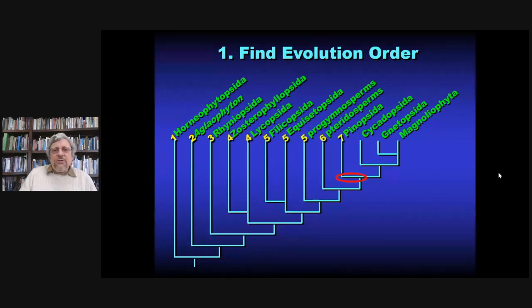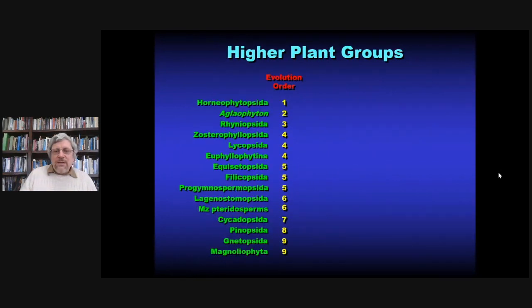Going up the sequence, we can determine the order in which each of these organisms should appear in the fossil record, and we can then list those taxa and the predicted order. Some of these have the same number because they branch together at the same time, and so you cannot determine which is earlier or later.